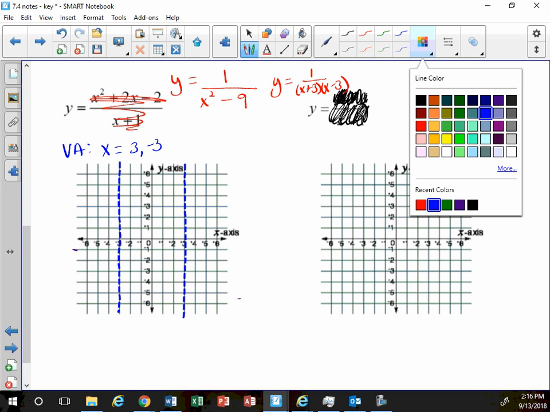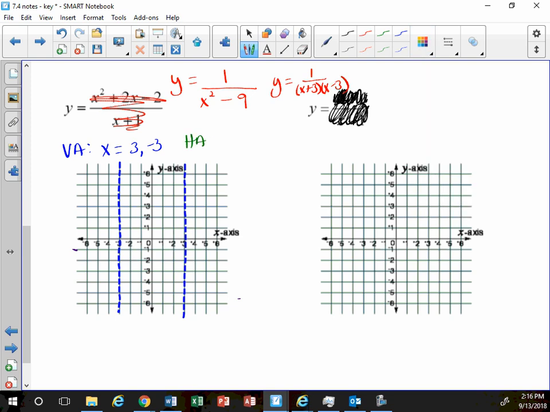Then our horizontal asymptote. Top heavy, bottom heavy, or equal? Bottom heavy. So what is my horizontal asymptote? y equals 0. We're all writing those as equations, right?